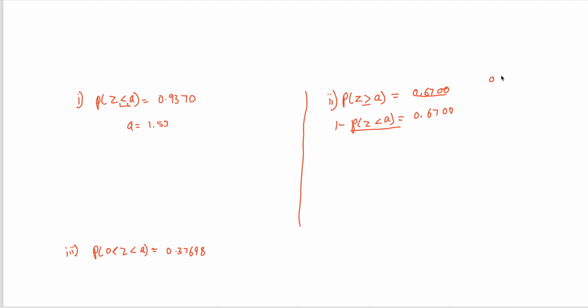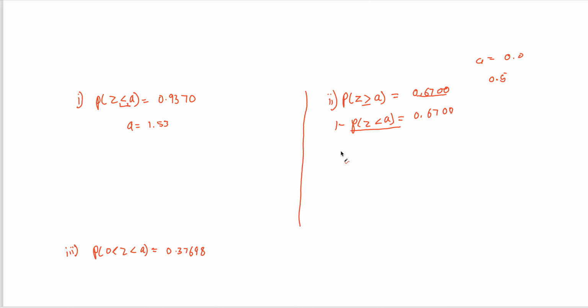Just note that 0.5 is very important because 0.5 has an A value of about 0.0 basically. So we want to see if this number is less than 0.5. If it's less than 0.5, then this value will be negative.